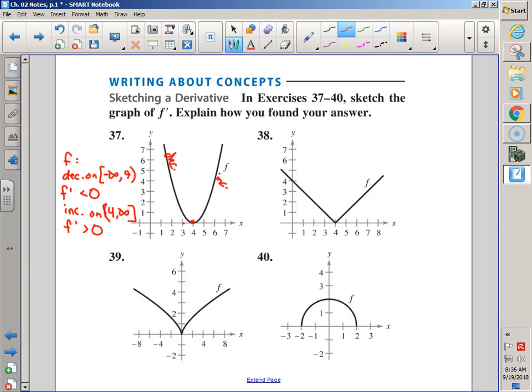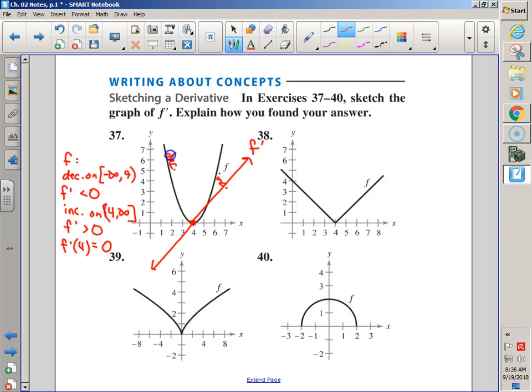It's a horizontal tangent line, and what kind of slope does a horizontal tangent line have? 0. So I know F prime of 4 is equal to 0, which is why I didn't include him in either of the intervals. So somehow the graph of F prime is going to have a point at 4, 0. It's going to be negative before and positive after.